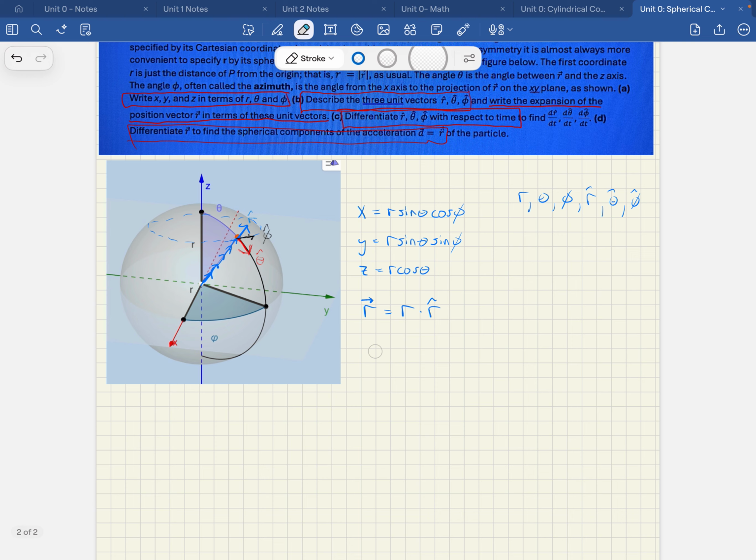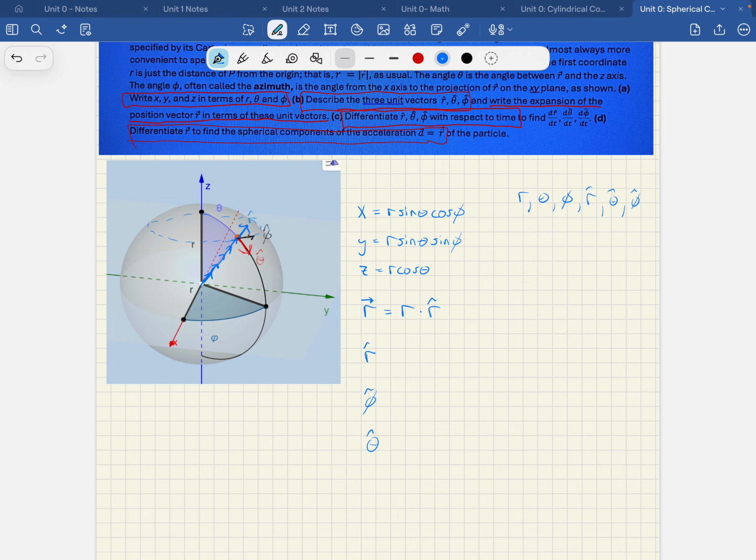So the next thing we need to do is write down expressions for r hat, theta hat, and phi hat. I guess I'll do it in the other order: r hat, phi hat, and theta hat.